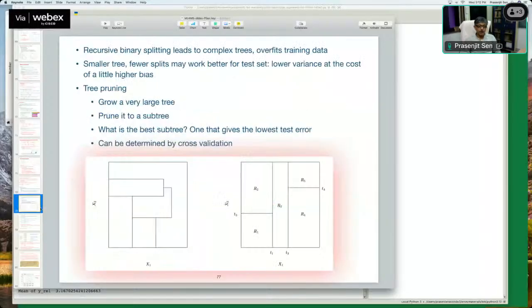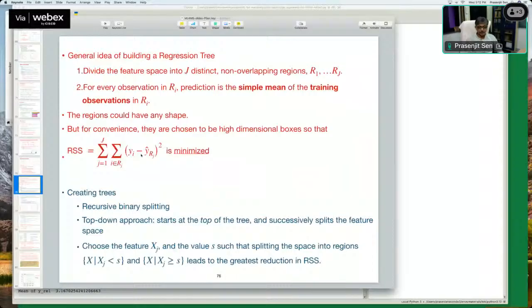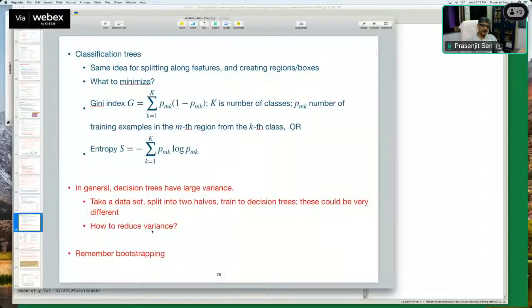The difficulty is that we were deciding on the splits such that the residual sum of squares is reduced, the greatest reduction in residual sum of squares determines the next split. But there is no such thing in a classification model. So we have to come up with some measure using which we can decide how to split the tree.